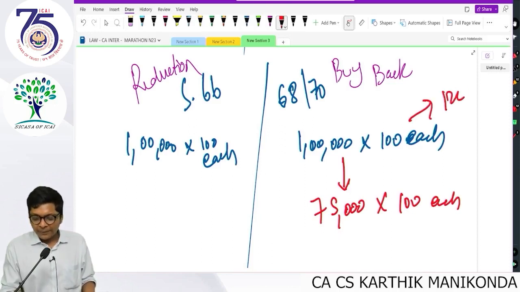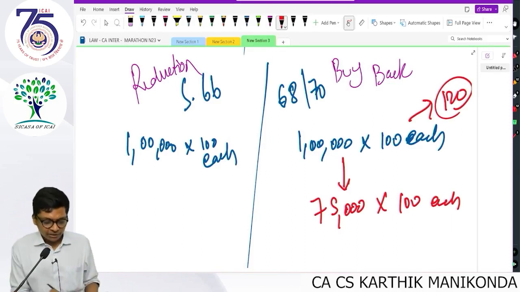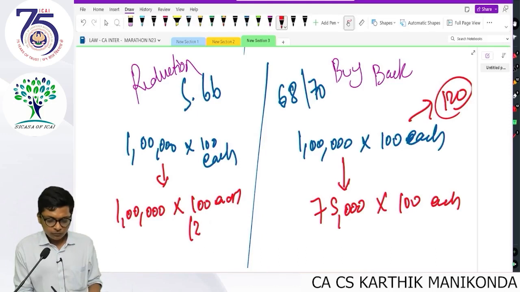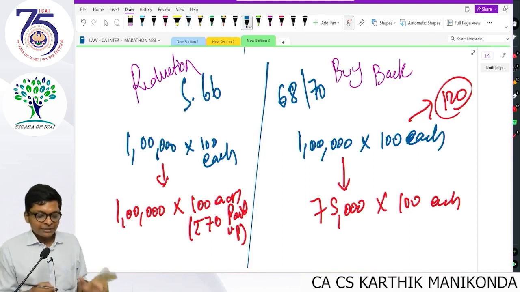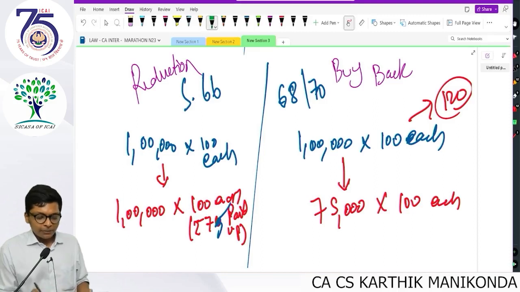Buyback maybe can happen at 120 per share. But after reduction, it will become 1 lakh shares of 100 each, rupees 70 paid up. Are you following? Can you see the difference, guys? Or let me make it 75 itself. The total in both cases will be the same, but the logic is different.